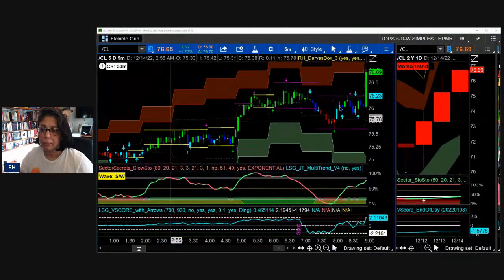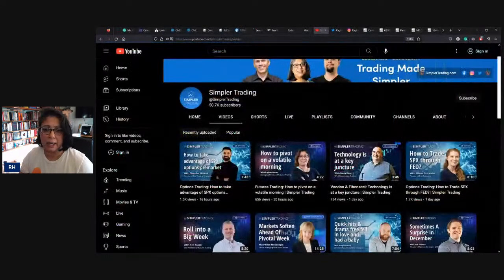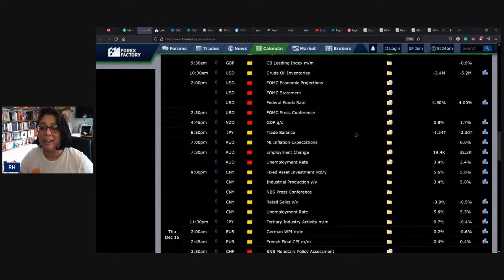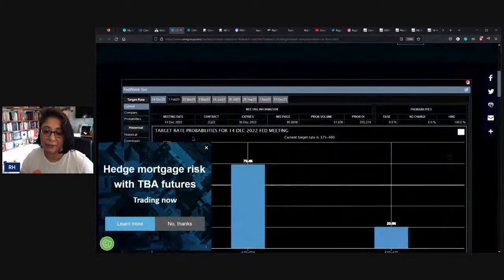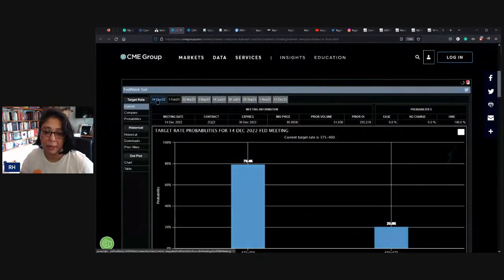And the other thing we have, just a tiny little thing on the calendar today, is the FOMC. If we take a look at where we sit in front of today's 2 p.m. FOMC, it's not about December.